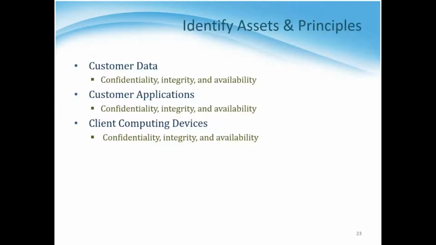And client computing device. I invested 1 crore in my server, my company employees' laptops and mobile devices. Because of using my Amazon cloud, my system should not get affected. That is a very important thing. So there also we need CIA. My system should run properly.